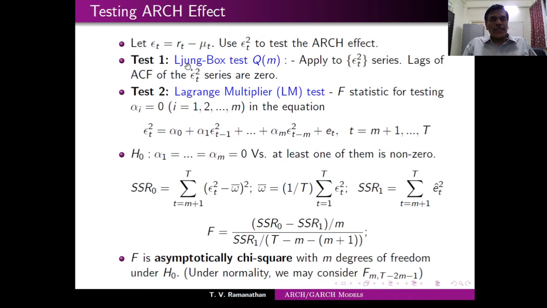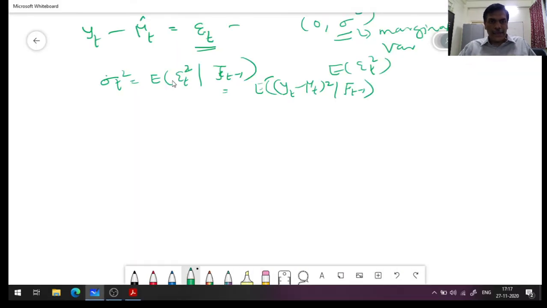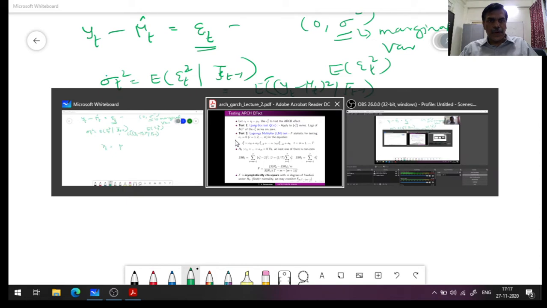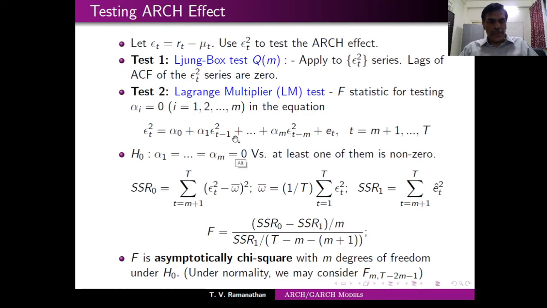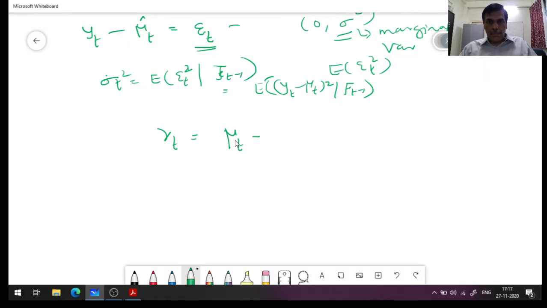So let's look at the model now. As I was telling, I have r_t; I'm changing the notation from y_t to r_t. r_t is equal to mu_t plus epsilon_t, and as I told you, this mu_t is nothing but the expected value of r_t given F_{t-1}.